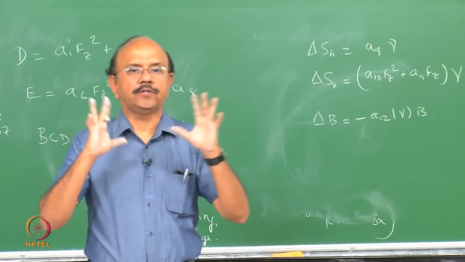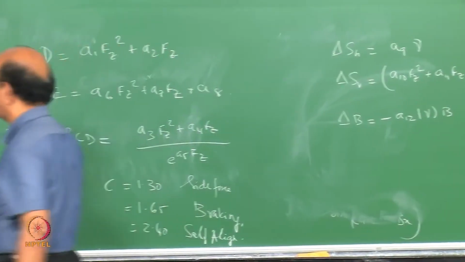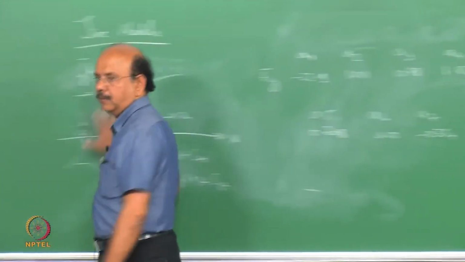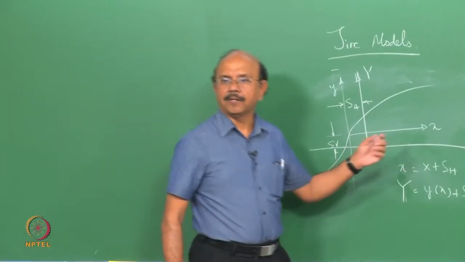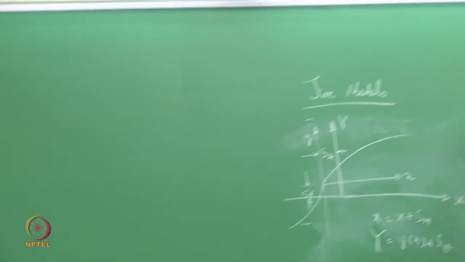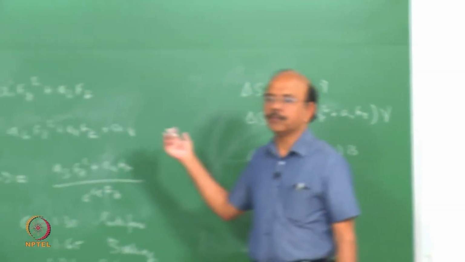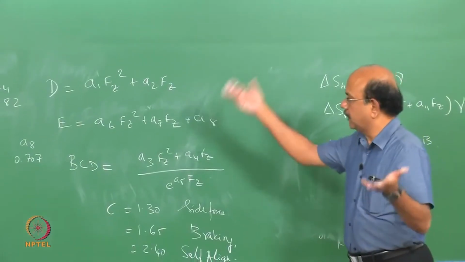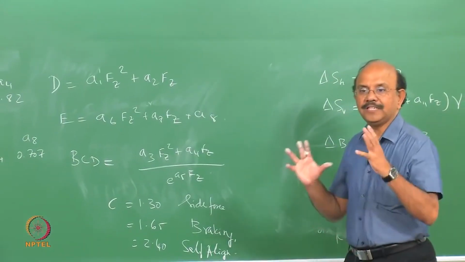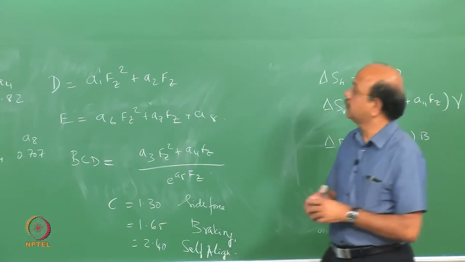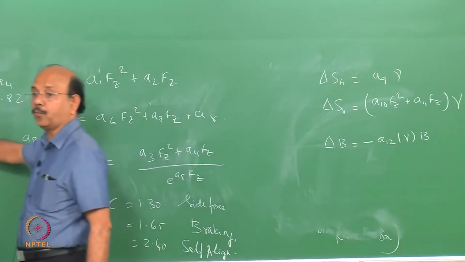So in order to take into account all that, I have an experimental curve, and this experimental curve is fitted by means of an equation, which has so many values, A1 to A13. So these are determined. This is not sacrosanct. This is for one tire.